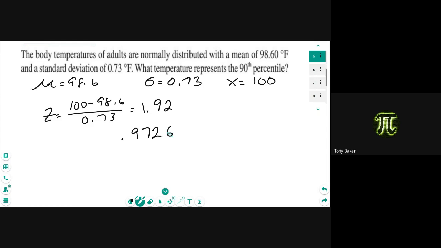0.9726. I wanted greater than 100, right? So we're going to do 1 minus that. 0.07, oh no, sorry, 0.0274. Oh, you gave us the X as 100. Yes.